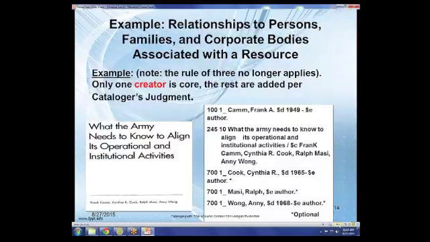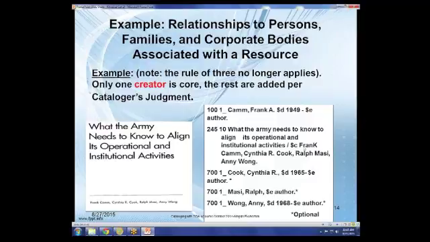So let's consider some other ones here. Okay, relationships to persons, families, and corporate bodies. We talked a little bit about this. One of these is that the rule of 3 no longer applies. So only the first listed author or creator is core, meaning required, and would appear in the 100 field.